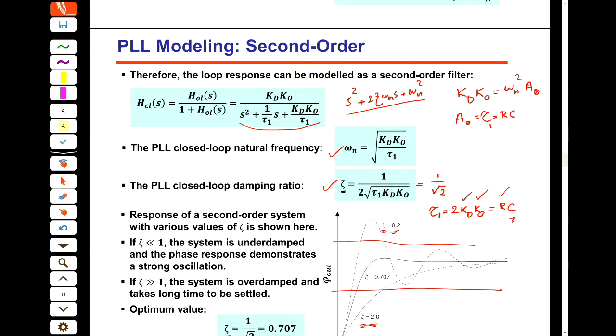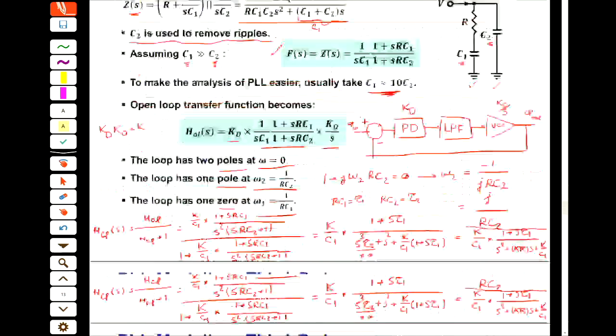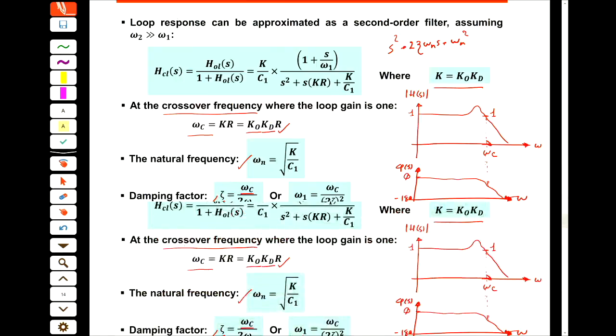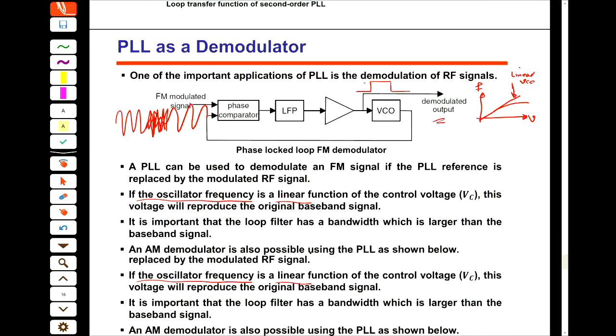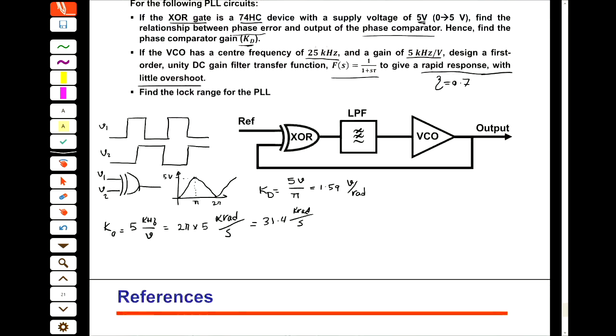So based on this formula, we can find the value for tau 1. We can say that tau 1 equals 1 divided by 2 KD KO.